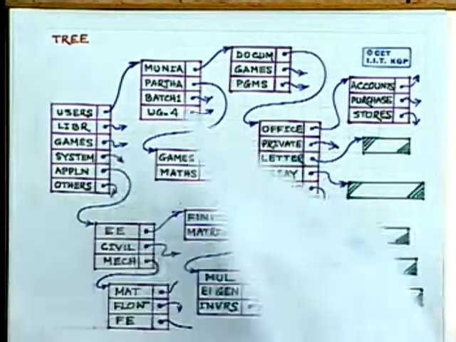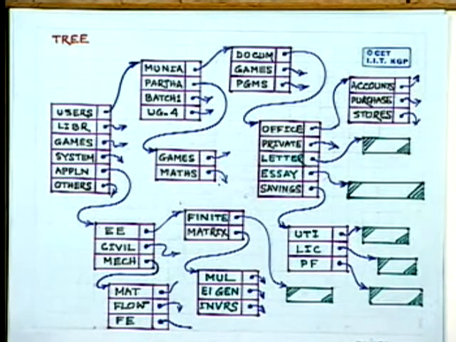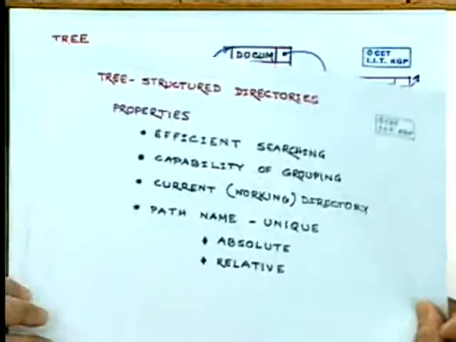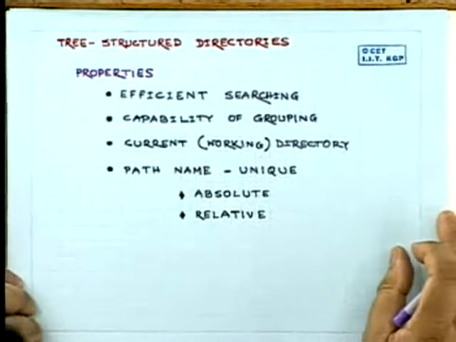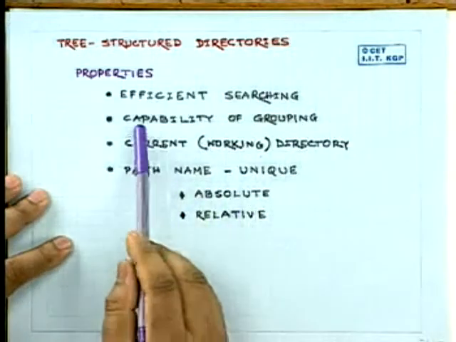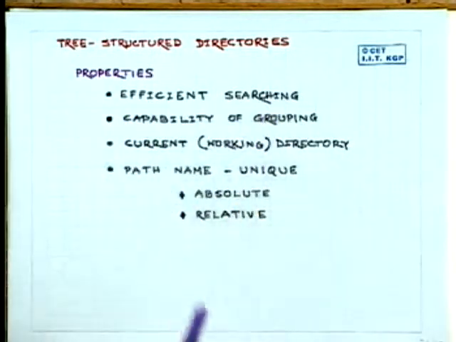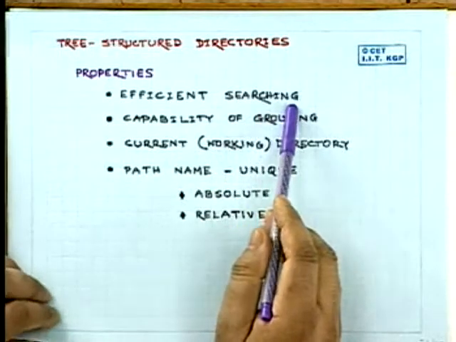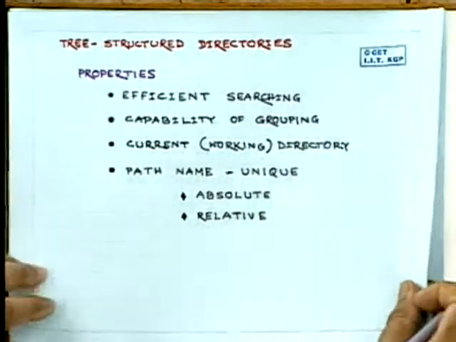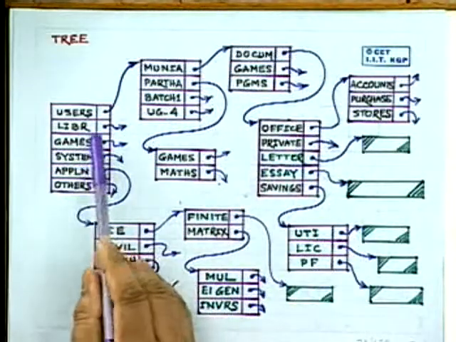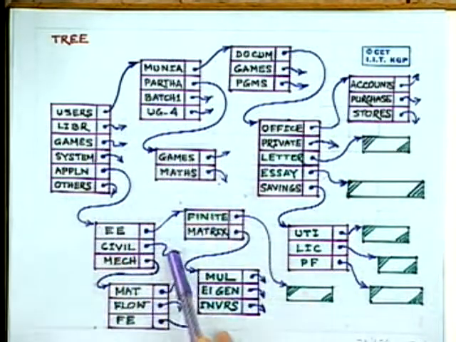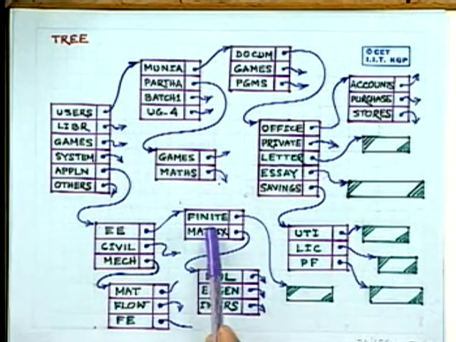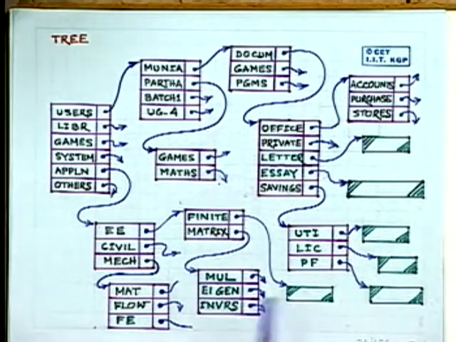Now see, what are the properties of tree structure directories? One is naturally that we can have efficient searching in the case of a tree structure directory. We can have the tree search starting from the root. We can come over to any of the subdirectories or any of the files, right?